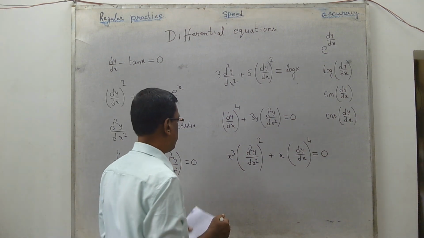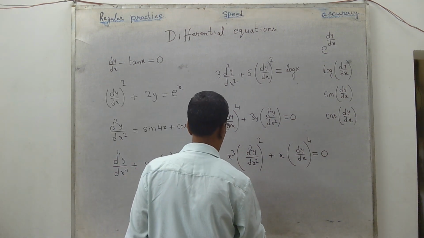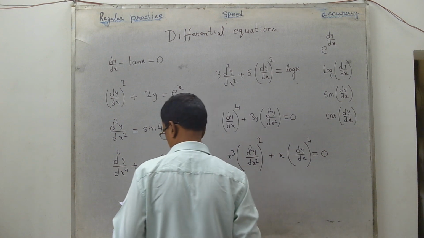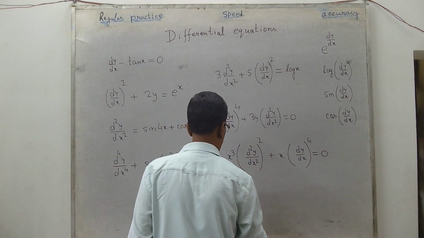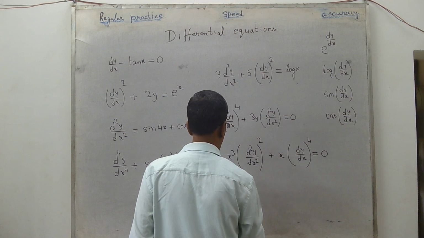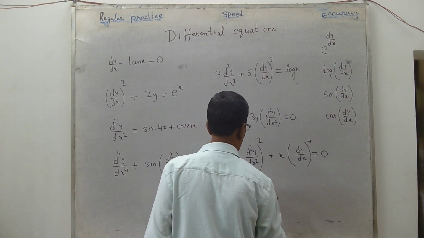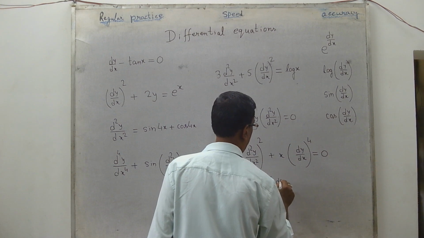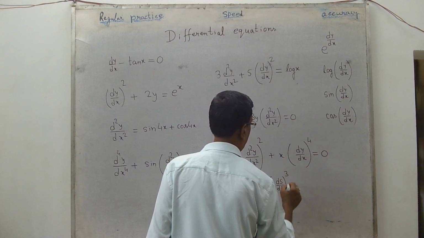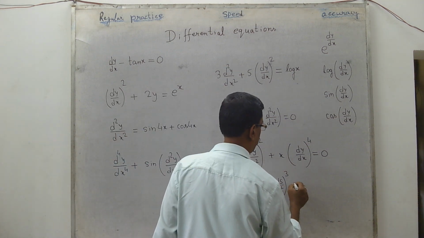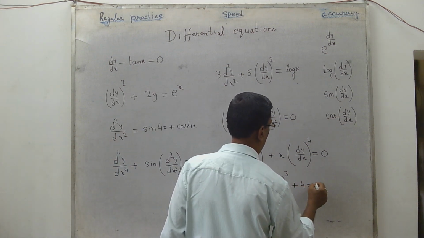Another example, d square s by dt square to the power 2 plus ds by dt to the power 3 plus 4 equals 0.